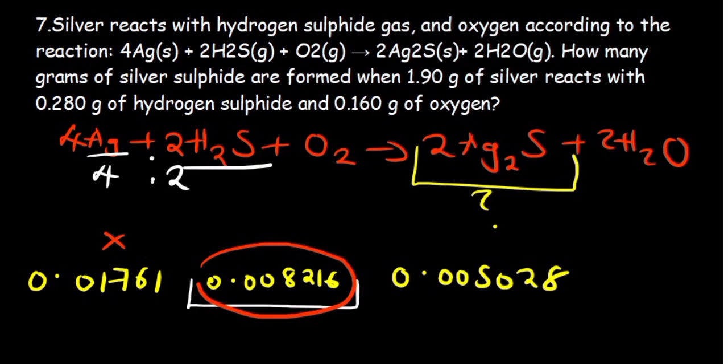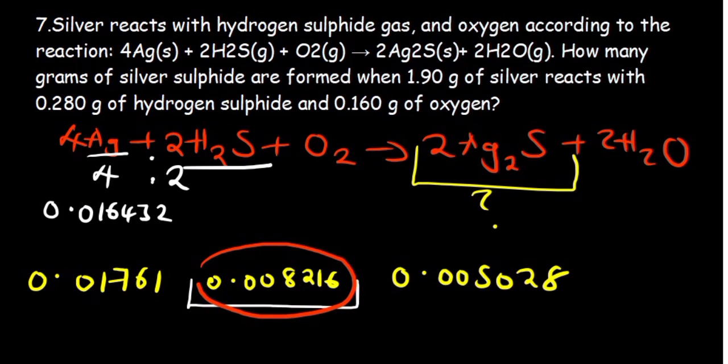So if you cross and multiply, 0.008216 multiplied by 4 divided by 2, the number of moles required is 0.016432.